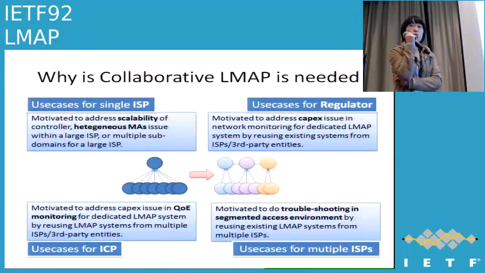And yes, now speaking as a contributor, I believe that when we are done with the first phase of LMAP, it's time to start discussing the multiple domains problem and inter-domain communication. Inter-domain communication opens the path to speak about synchronization of data, about correlation, all the things that we talked about.